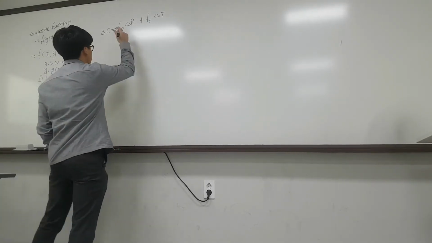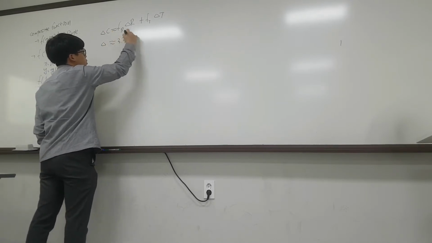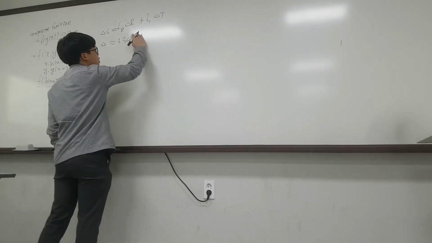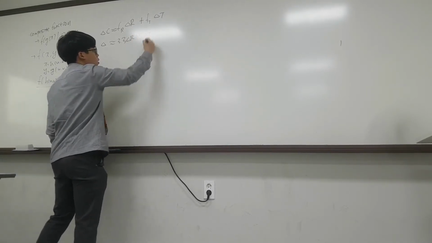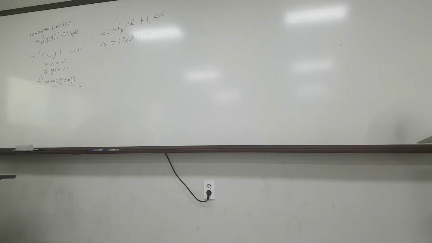So we can specify this equation. The question says rainfall is decreasing at 0.2 centimeter per year and temperature is increasing 0.1 per year, and we have to solve dC/dt.